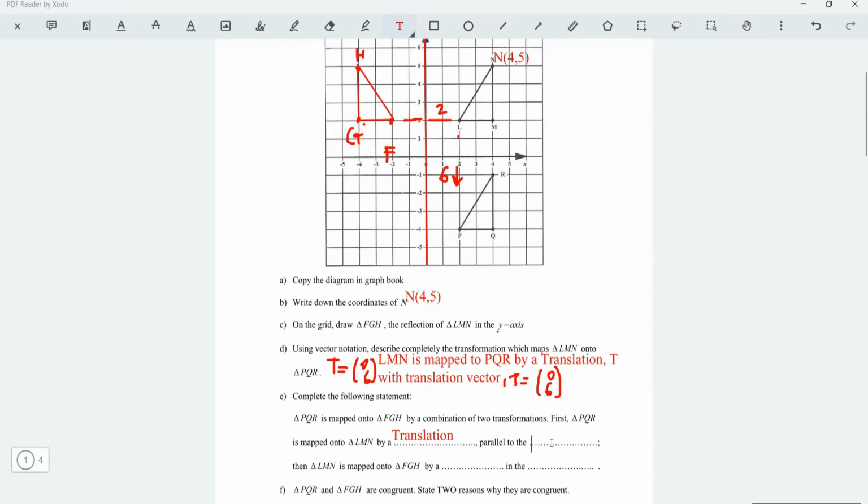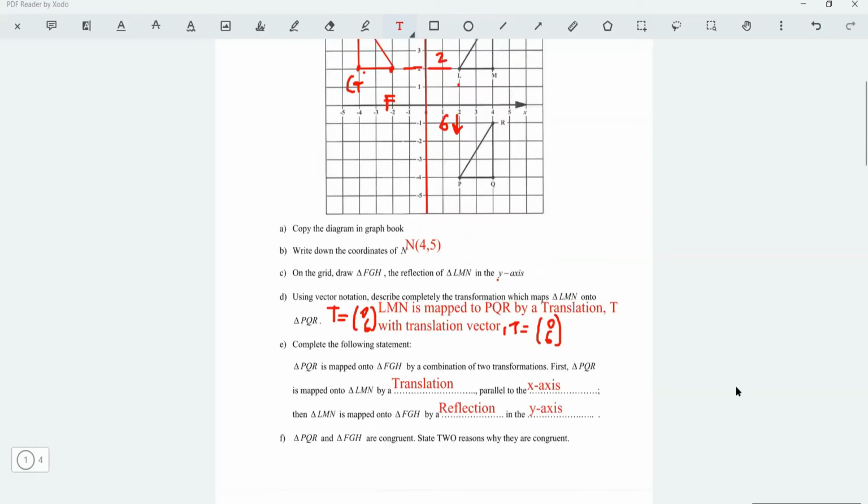Then triangle LMN is mapped onto triangle FGH. We know that already: LMN is mapped to FGH by a reflection in the y-axis. That's it.